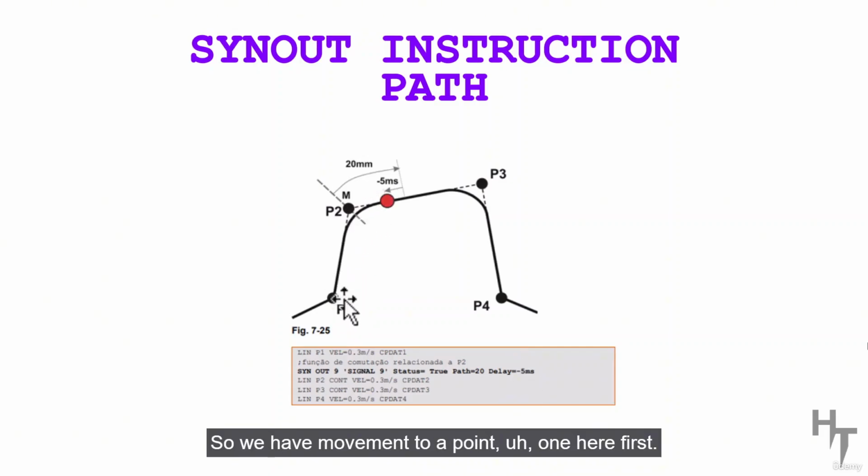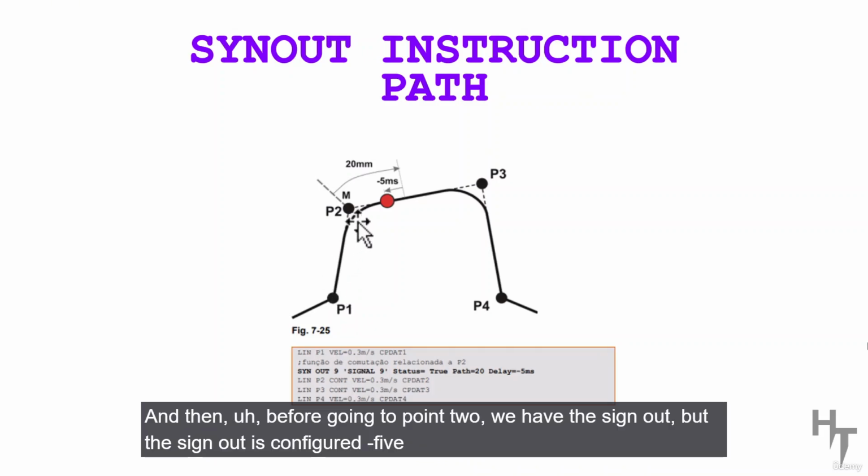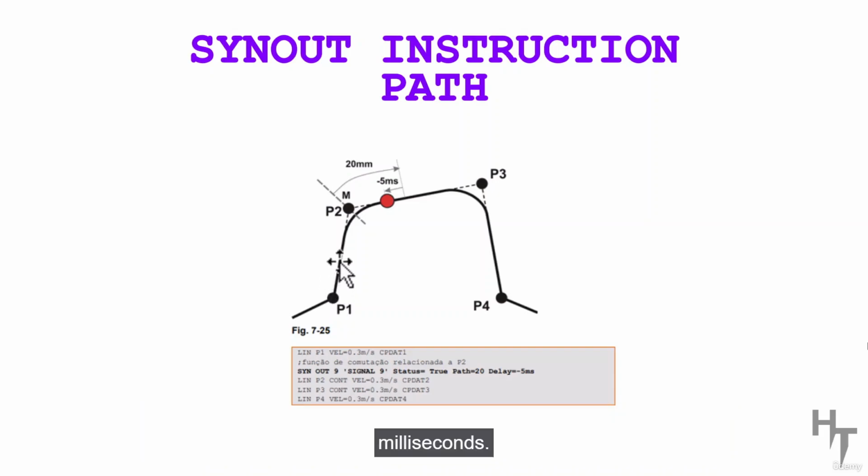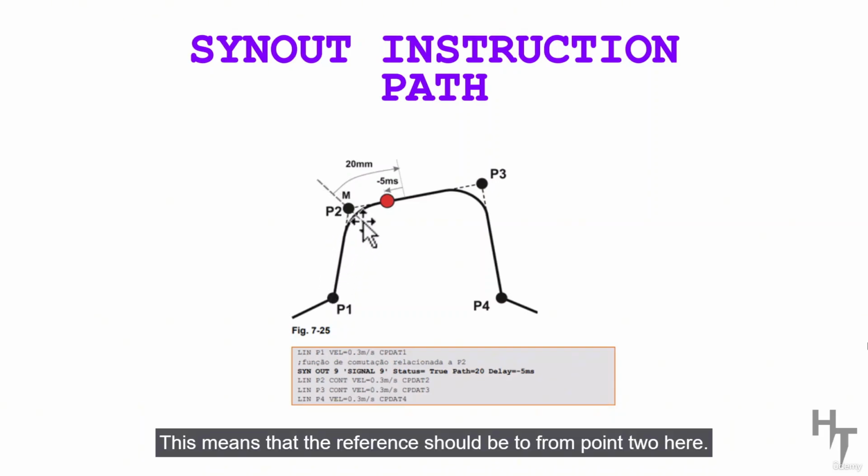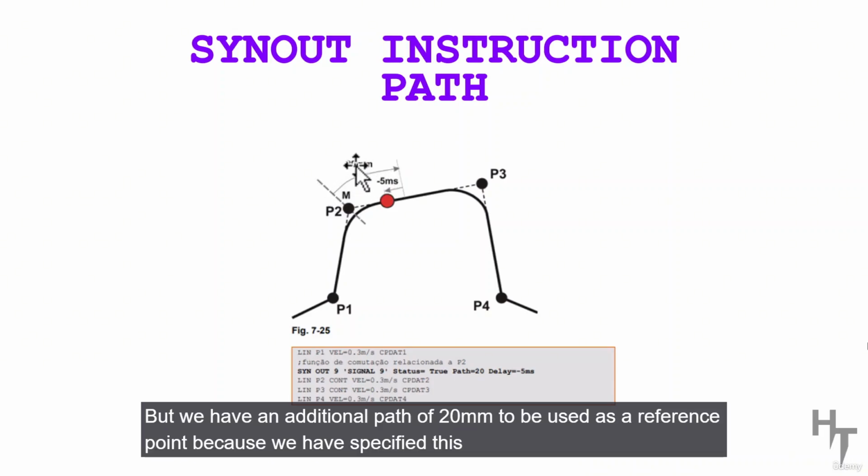So we have movement to point 1 first, and then before going to point 2 we have the sin out, but the sin out is configured with minus 5 milliseconds. This means that the reference should be point 2, but we have an additional path of 20 millimeters to be used as a reference point because we have specified this here.